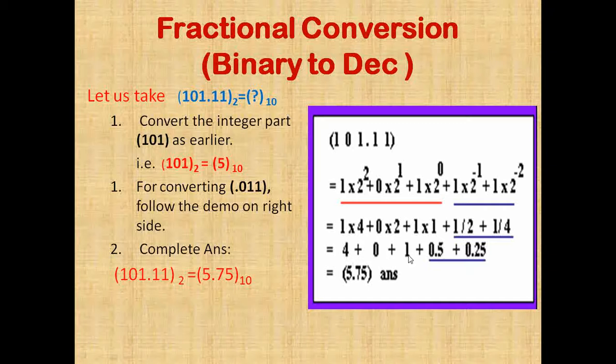So 4 plus 1 is 5, and 0.5 plus 0.25 is 0.75. So 101.11 base 2 becomes 5.75.